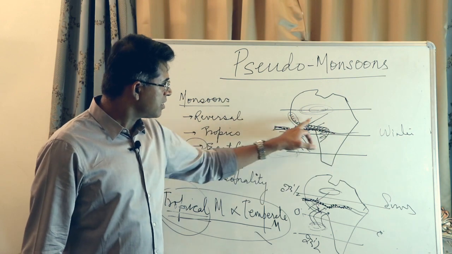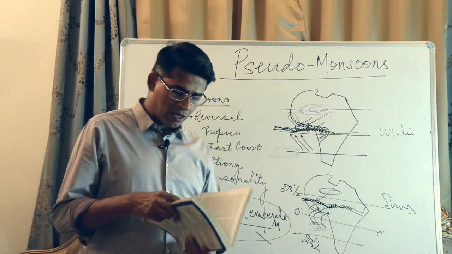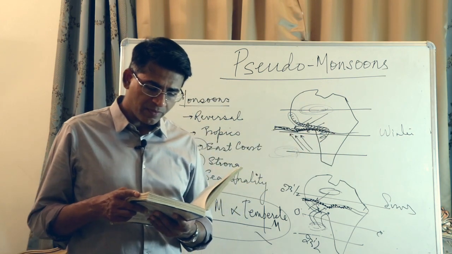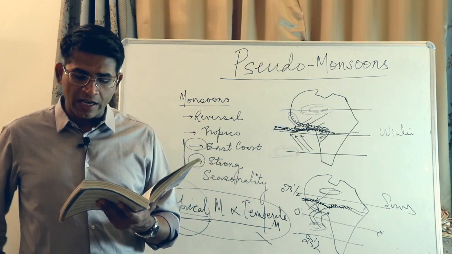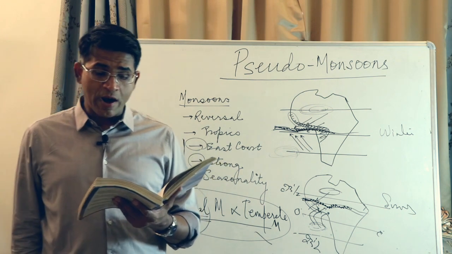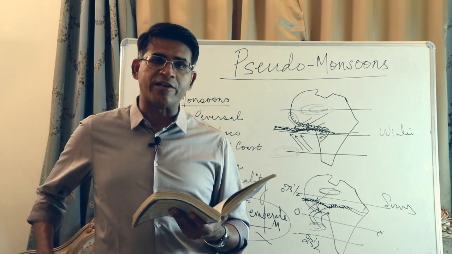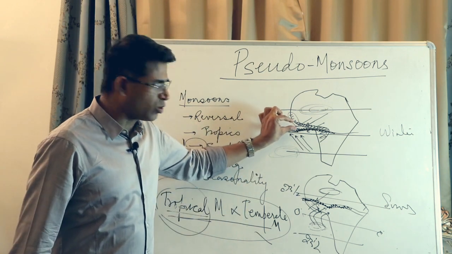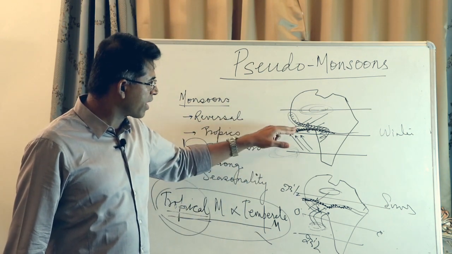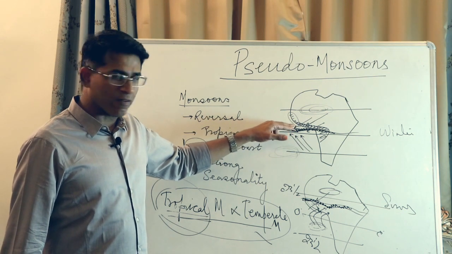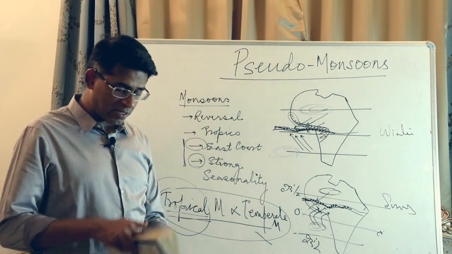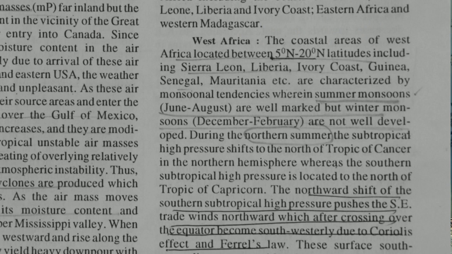But this is otherwise the best area of the pseudo monsoons. The coastal areas of the west coast are located between 15 to 20 degrees latitude. So this is that narrow zone. It says till 20, but I'm looking at 15, 17, 12, so not very far away beyond the tropics. It mentions the countries here where the summer monsoons are well marked, but winter monsoons are not well developed.